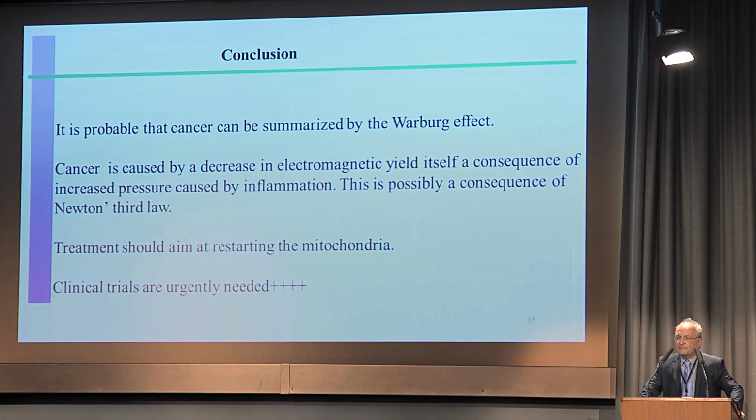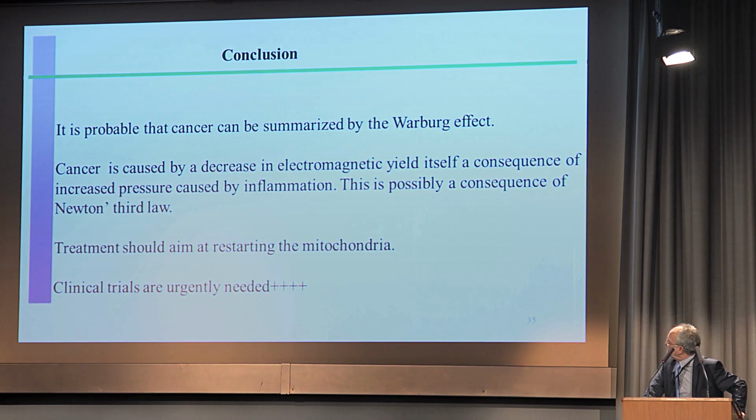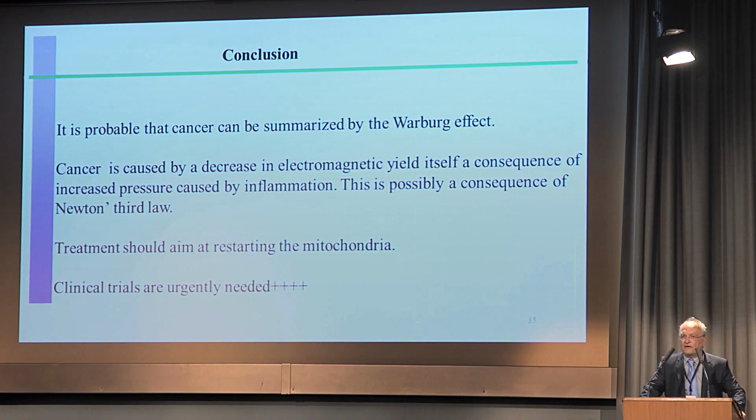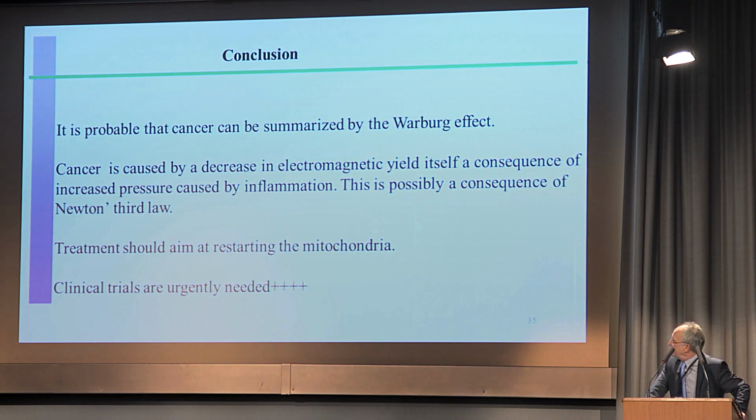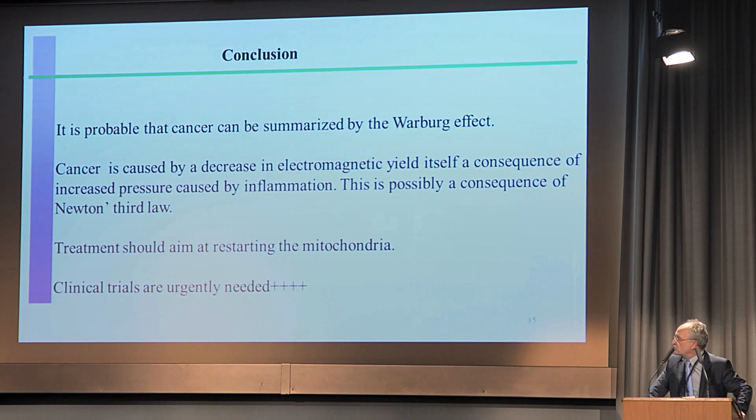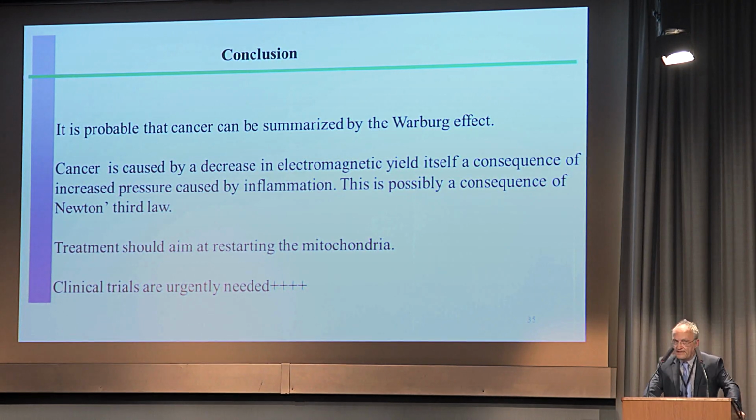The increased pressure causes a decrease in mitochondrial activity, probably caused by inflammation. For the ones who love physics, it's not too far from Newton's third law. And treatment should aim at restarting the mitochondria.